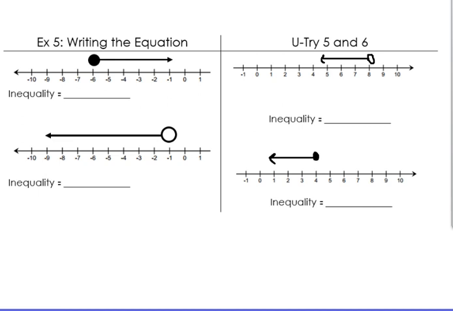So choose a variable of your choice, and I will choose y, and I want to write y is greater than, y values are more than negative 6. My critical point is at negative 6, and I am looking at the y values that are more than negative 6, greater than negative 6. Because you have a filled point, you're going to use greater than or equal to negative 6.